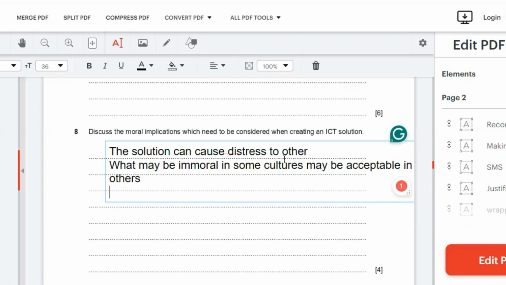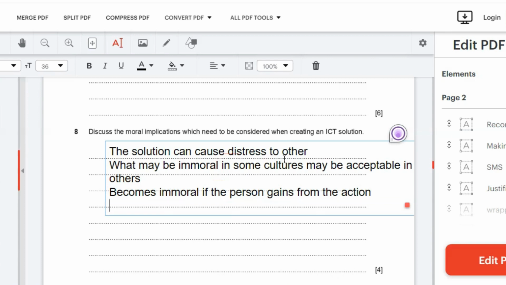Those are some of the moral implications. Becomes immoral if the person gains from the action. That is the moral implication you are bringing.